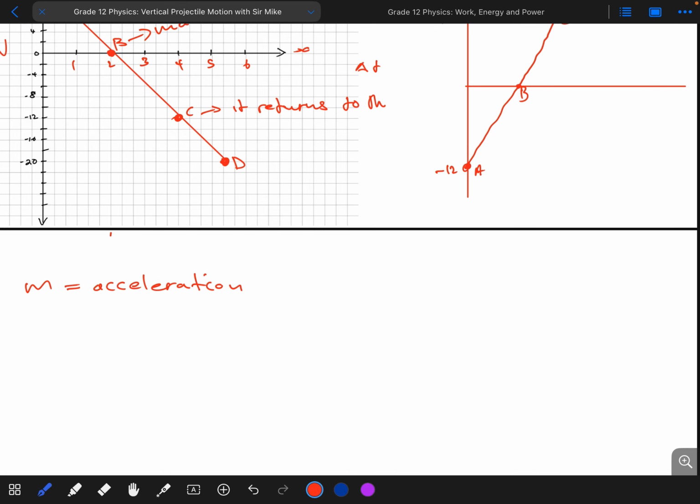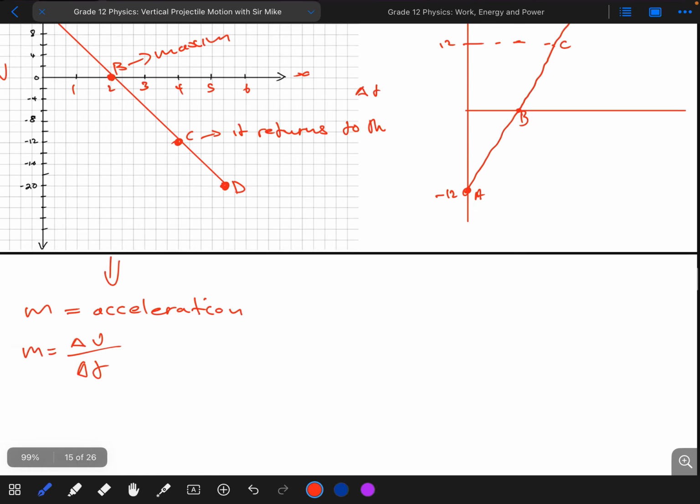So according to the first graph, the gradient is calculated as the change in y divided by the change in x, so it will simply be the change in velocity divided by the change in time.